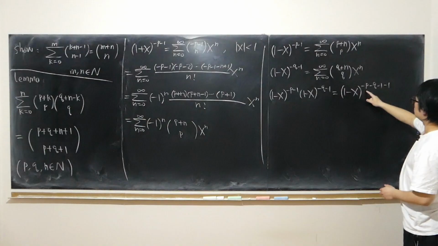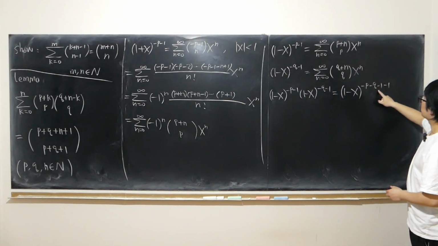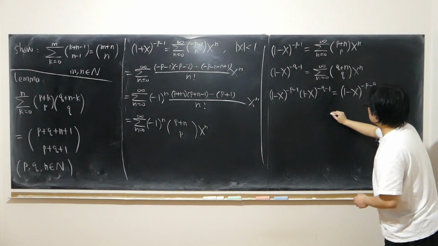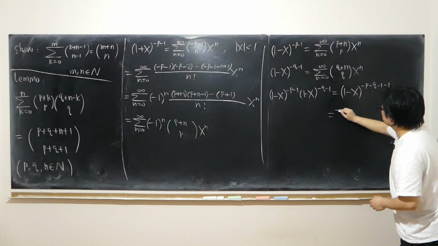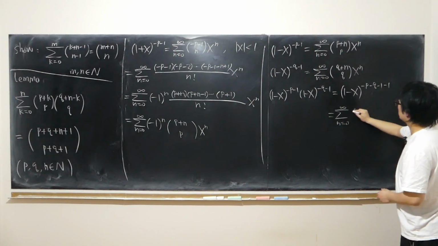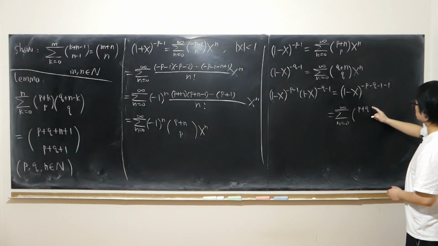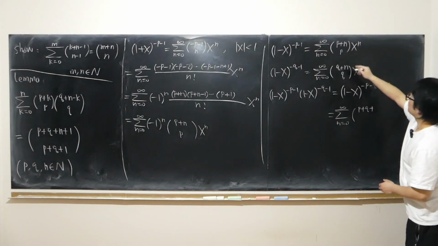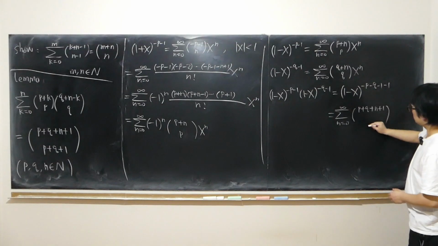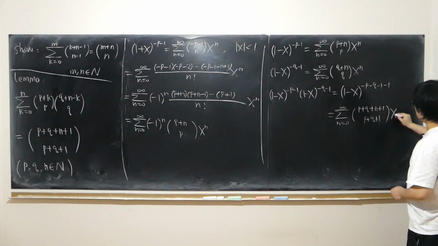So all I have to do is treat p as p plus q plus 1 and replace it in here. So that's exactly, n goes from 0 to infinity, p becomes p plus q plus 1 plus n, choose p plus q plus 1, x to the power n.